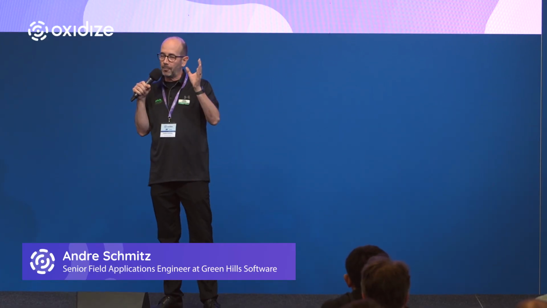So let's come to the second point. How do we contribute to the Rust community? There are basically 2 technologies we are also showcasing here on our demo. The first one is our real-time operating system Integrity, which is very well fitting to run Rust code in a process.